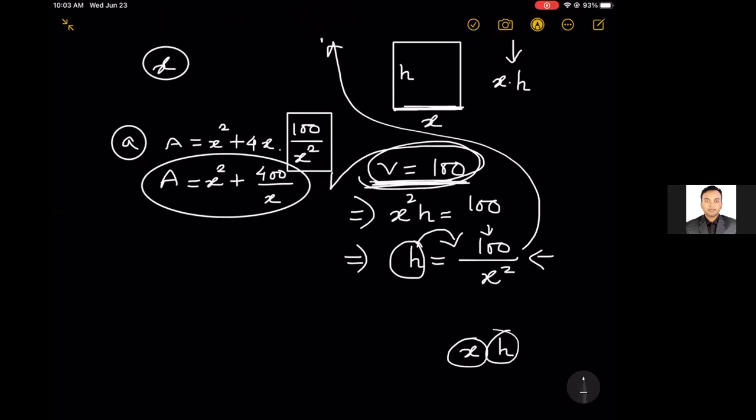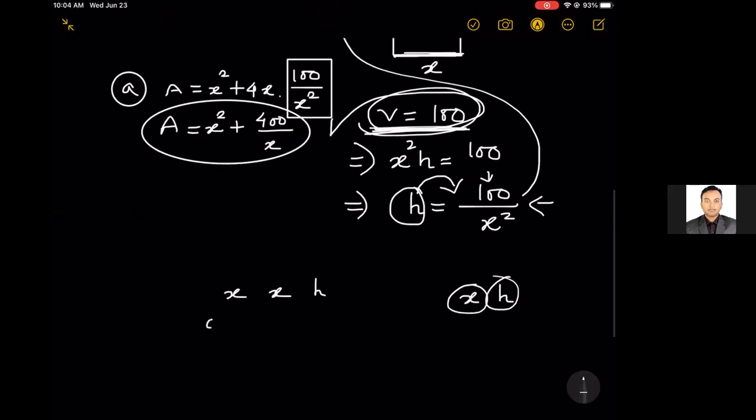So what if I say, x times h, right? So what if I say the base is 0.1 times 0.1, so it's 0.01, I believe, right? So for the volume to become 100, what could be the value of h? Can you see that?